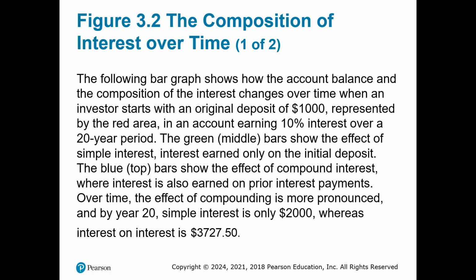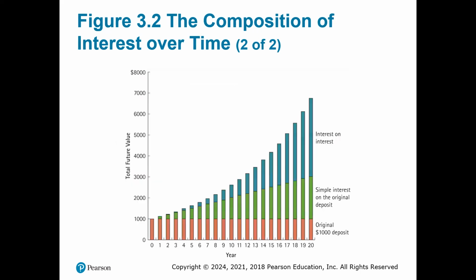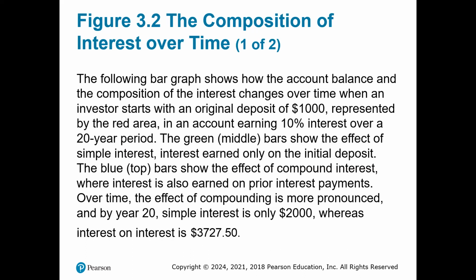All right, so the following bar graph, which is on the next screen, will show how the current account balance and the composition of the interest change over time when an investor starts with an original deposit of $1,000, represented by the red area, in an account earning 10% interest over a 20-year period.